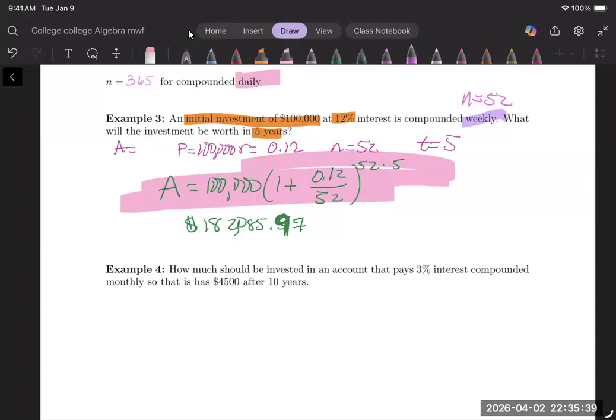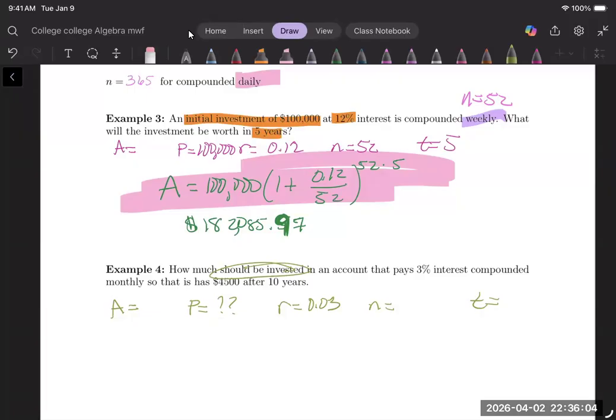Okie dokie. So again, all my ducks lined up. I need an A. How much should be invested in an account that pays 3% interest? Okay, so that's 0.03. How much should be invested? That sounds like a question mark for the original amount.